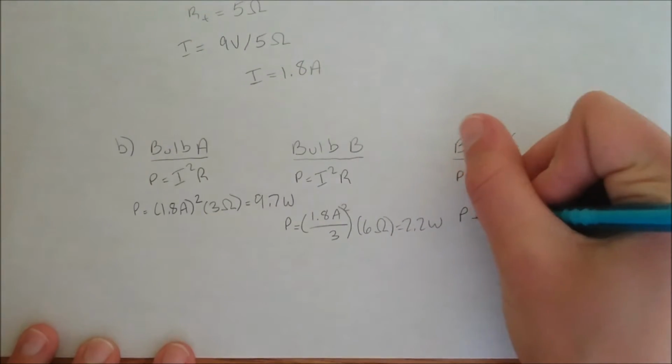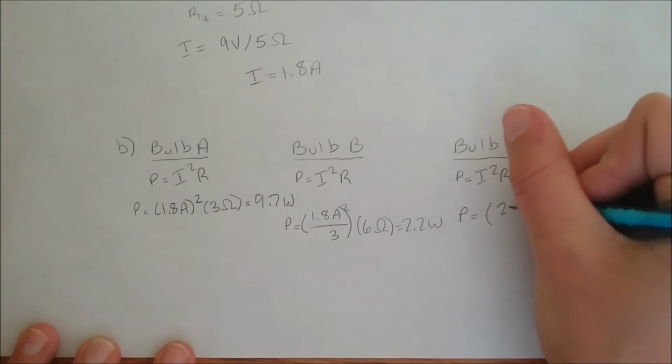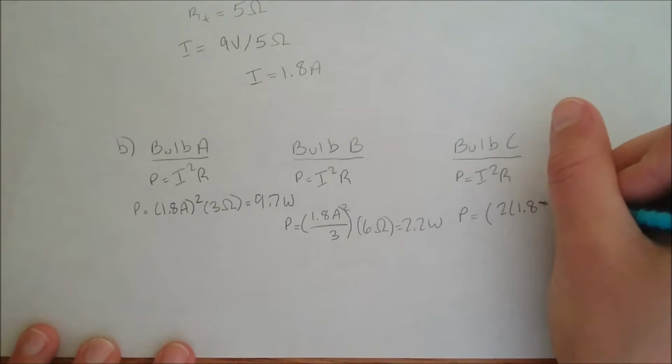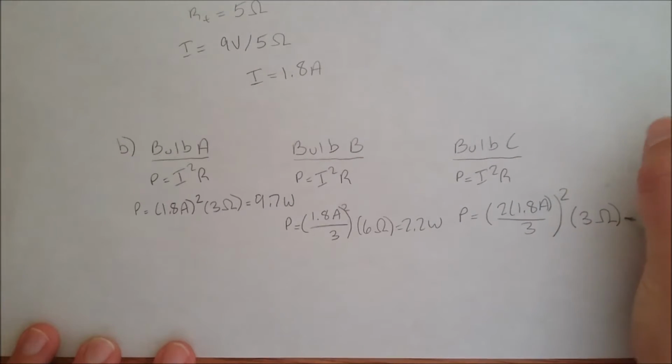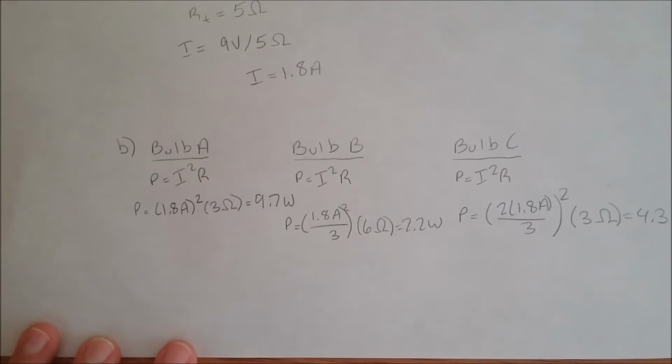And for bulb C, we use 2 times 1.8 amps over 3, all squared, times 3 ohms to get 4.3 watts.